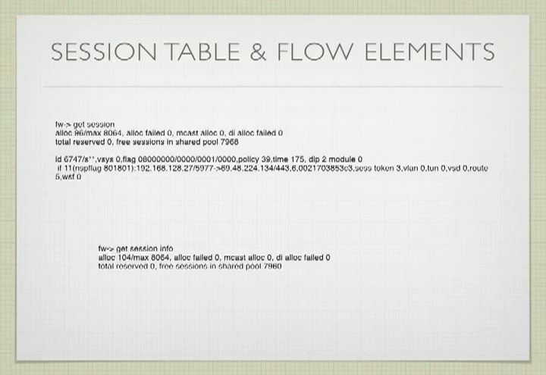This could let you know you needed to get an extended license if you see a lot of allocation failures. Multicast sessions and allocation failures and free sessions in the pool. So there's lots of available sessions. So if you think you might be maxing out the capacity of your device, this get session info lets you know about these allocation failures and the current usage of your session table.